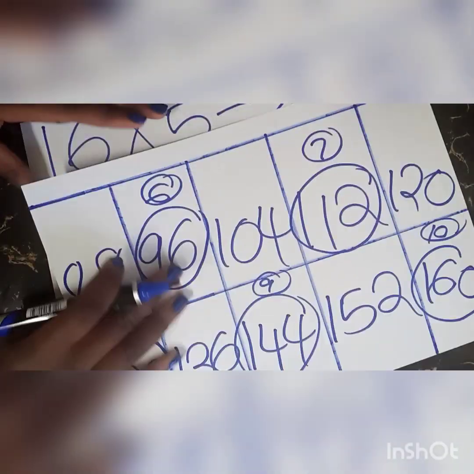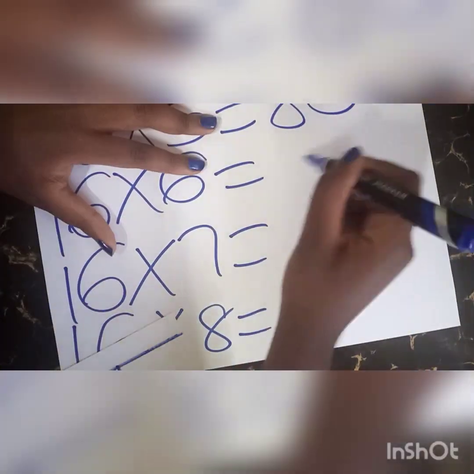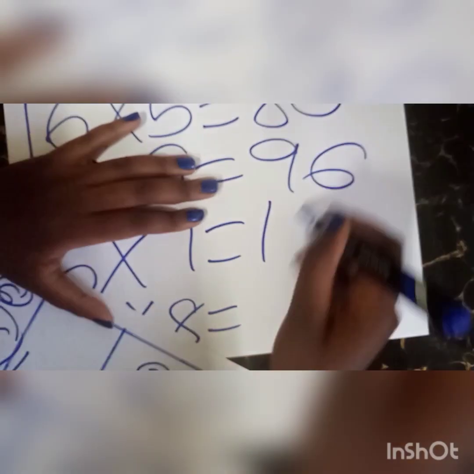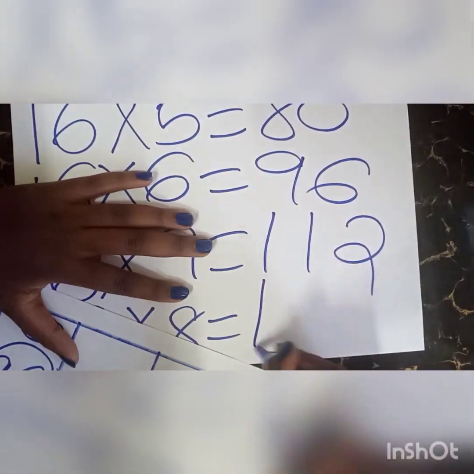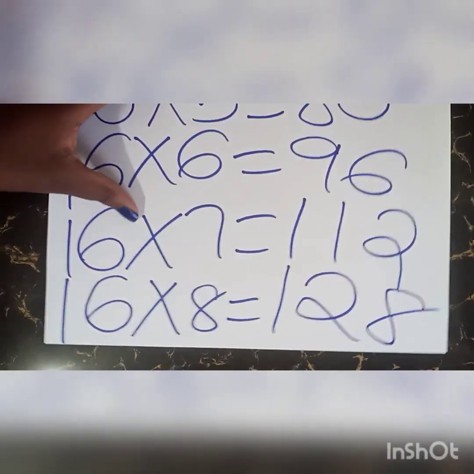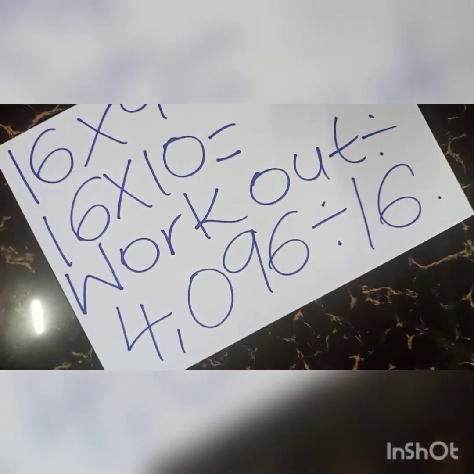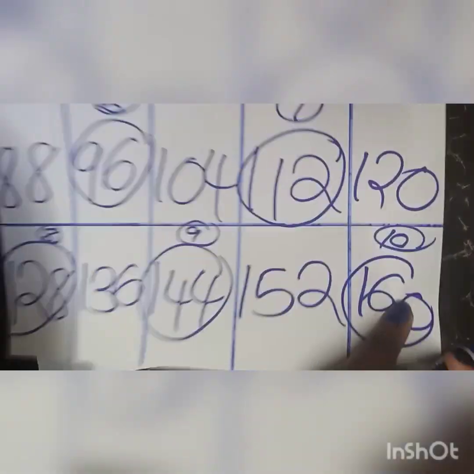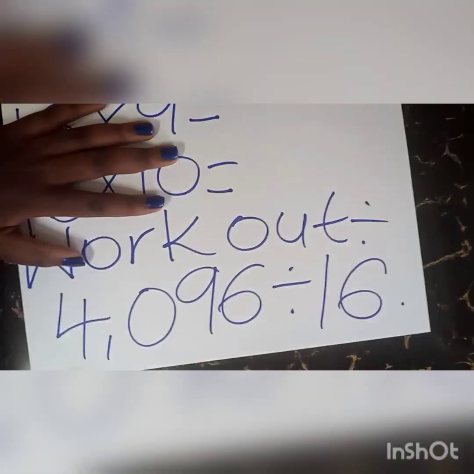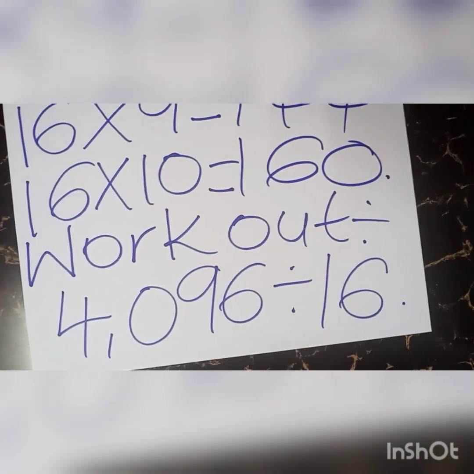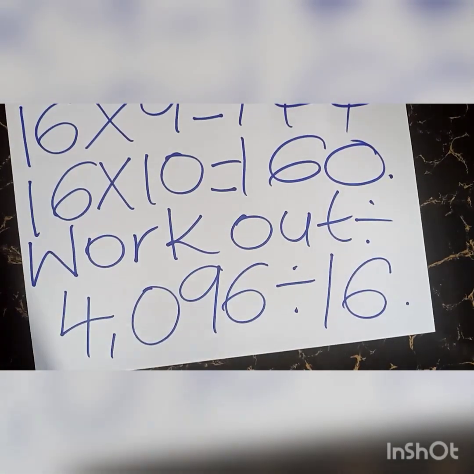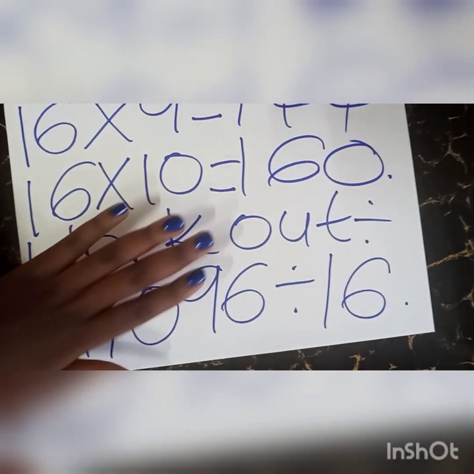Times 6 is this. Times 7 is this. Times 8 is this. Times 9 is this. And times 10 is 160. Are we together? And just like that, we have our table 16.